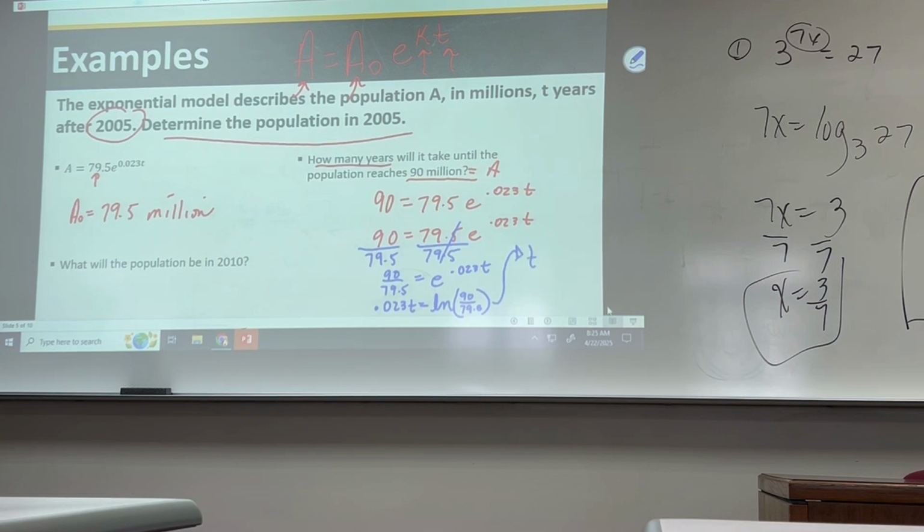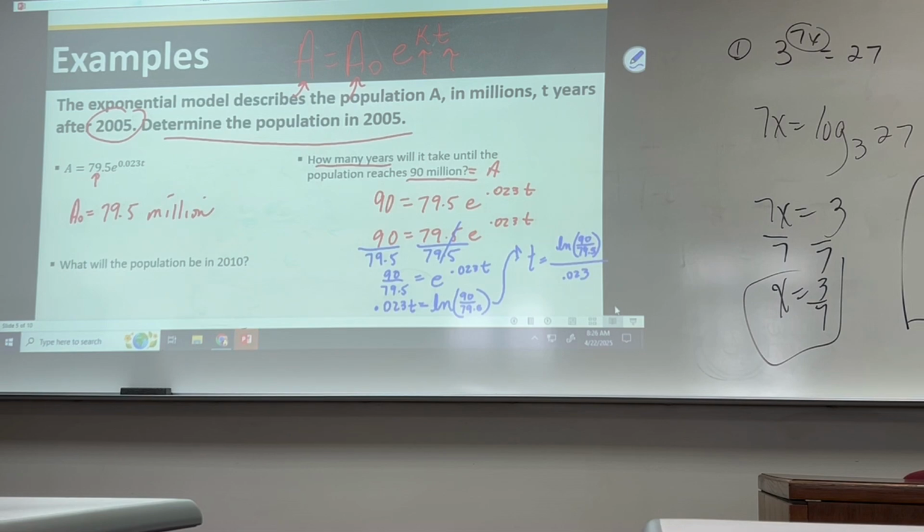So t then equals the natural log of 90 over 79.5, divided by 0.023. And now you've got your calculator. Everyone okay so far? When I type this in, I'll tell you exactly how to plug this in.